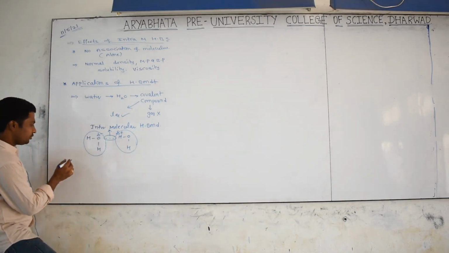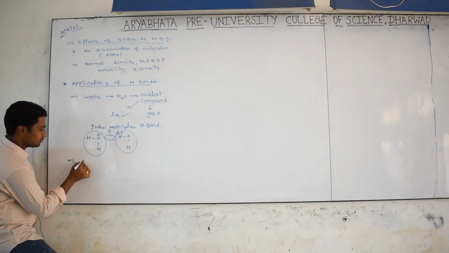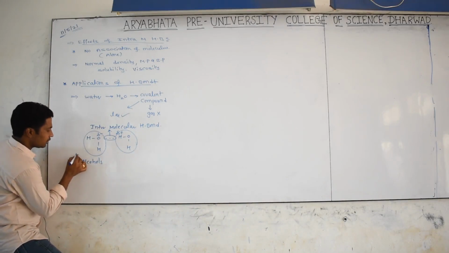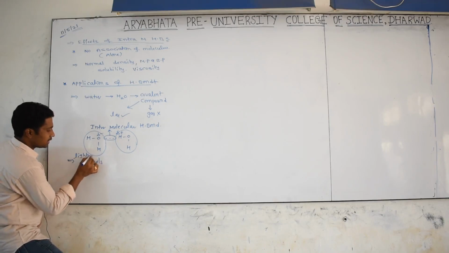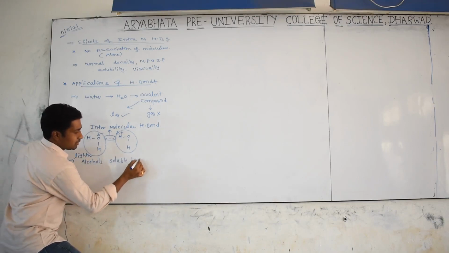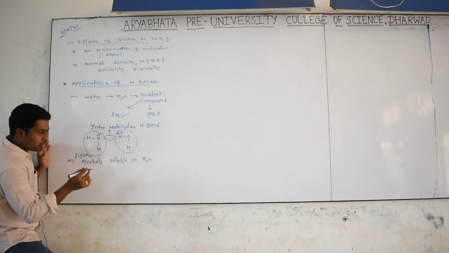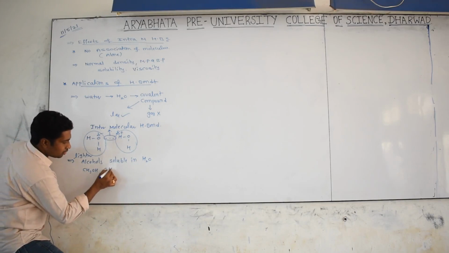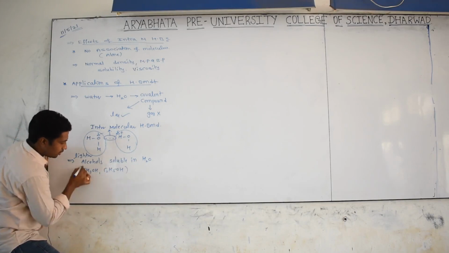Next point, alcohols. For the same reason, the lighter alcohols are soluble in water. Lighter alcohols means methyl alcohol, ethyl alcohol, propyl alcohol.